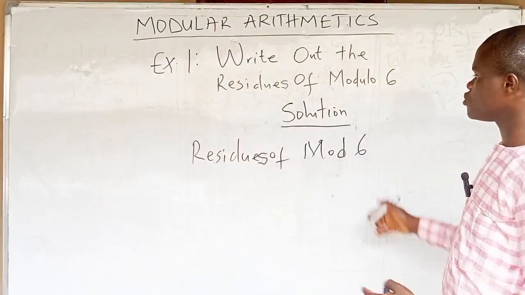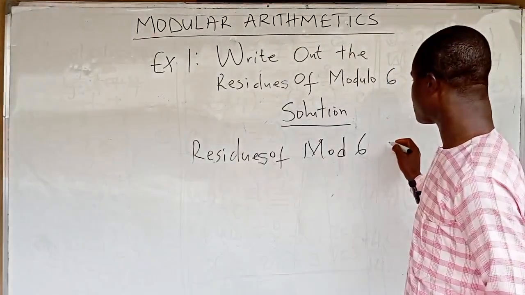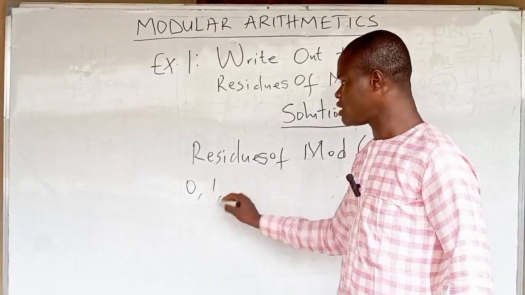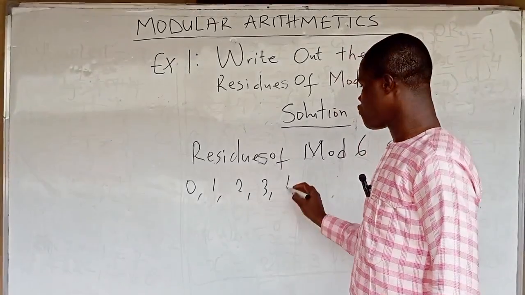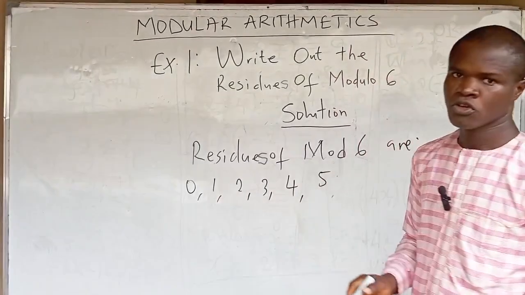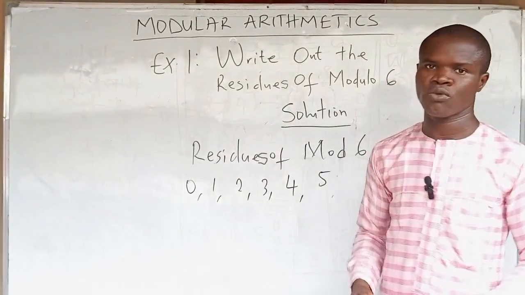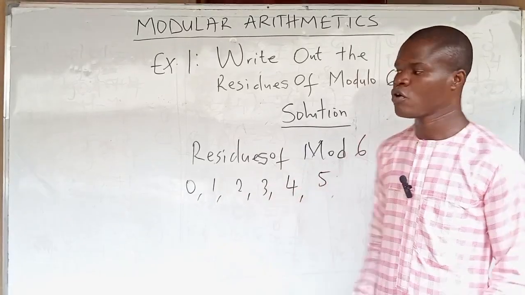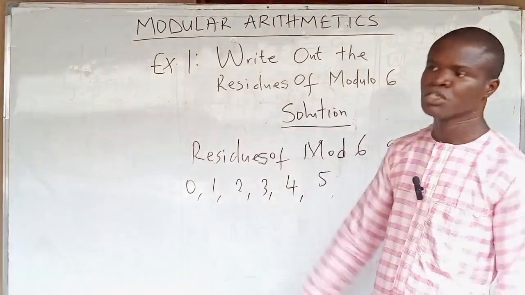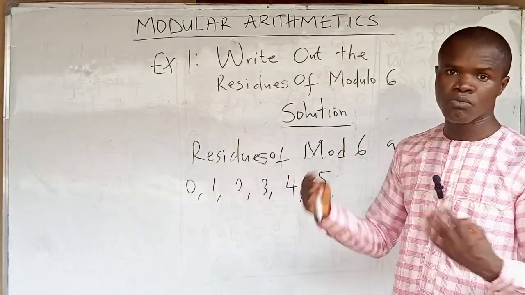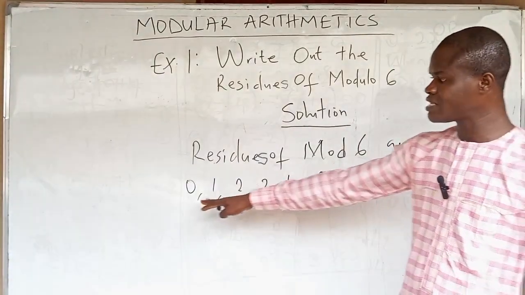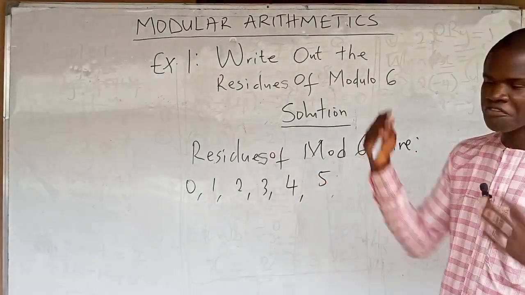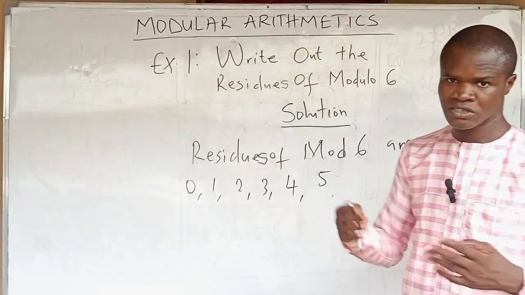So the residues of modulo 6 are 0, 1, 2, 3, 4, and 5. As long as modulo 6 is concerned, whenever we touch 6, 6 is something as 0. Okay, so 7 is something as 1, 8 is something as 2 under modulo 6. So these are the residues of modulo 6: 0, 1, 2, 3, 4, and 5.